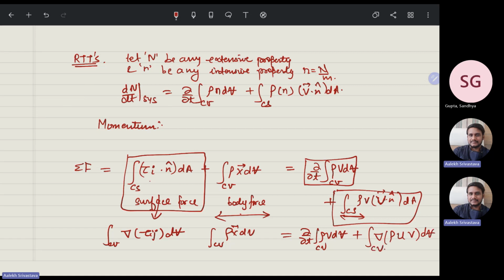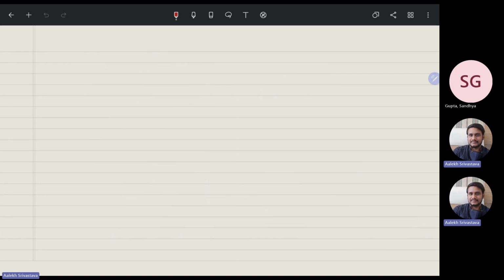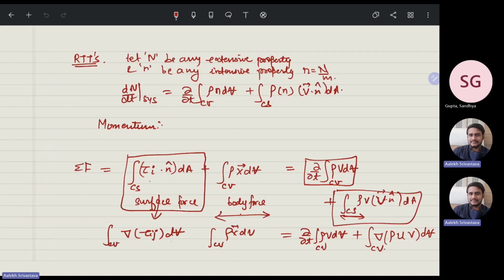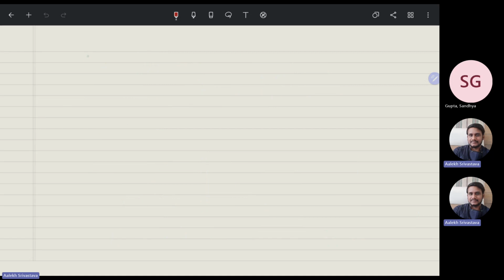So this is for the control volume. Because everywhere it is dV, we can take the integration out and set the equation equal to 0.